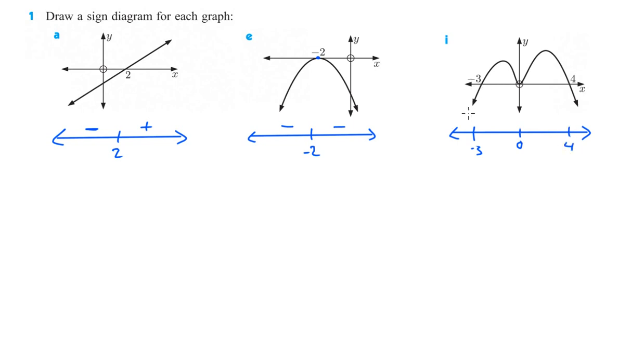So to the left of -3, it's negative. To the right of -3 up to 0, it's positive. And from 0 up to 4, it's still positive, and then after 4, it goes back to negative because now it's underneath.